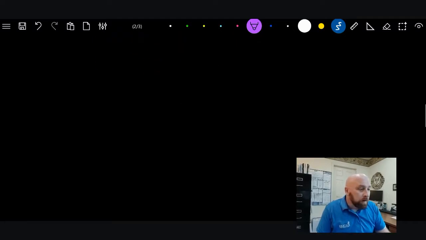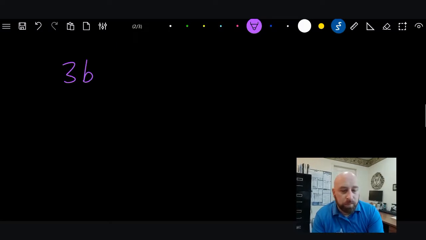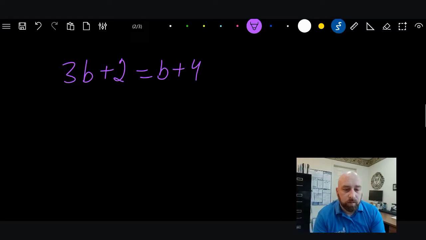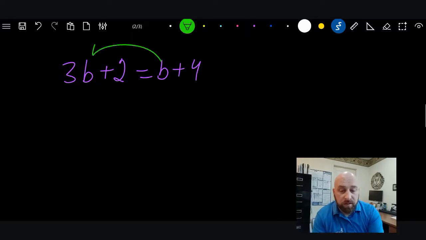Okay. Let's look at another one. We'll do a conditional one. These are the ones that you've done your whole life. These are the ones that kind of look normal to you. 3b plus 2 equals b plus 4. Again, we're moving things, trying to get the letters on one side. So we move the b over there. We do minus b, that's going to cancel, and we're going to get 2b.